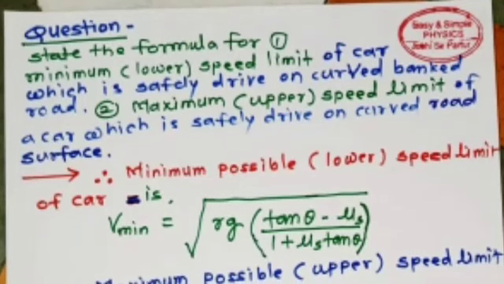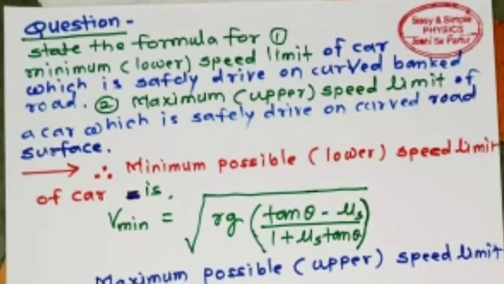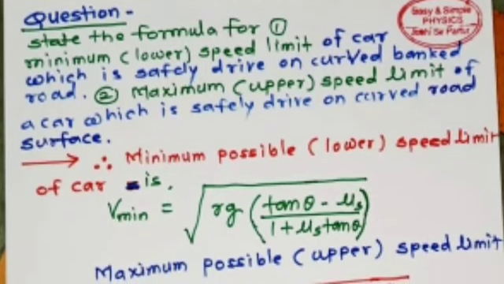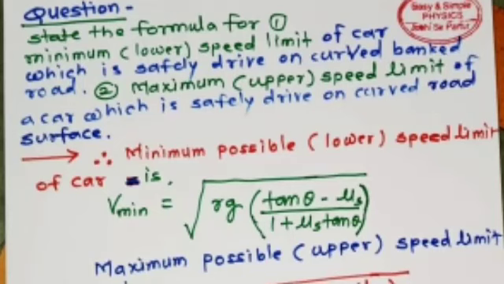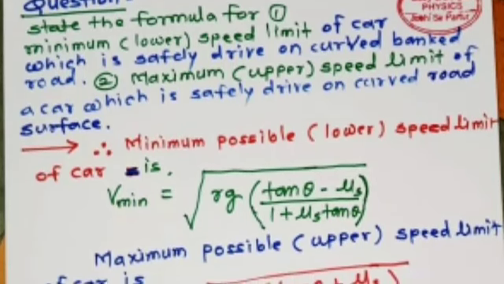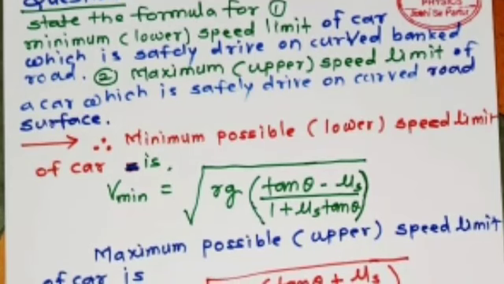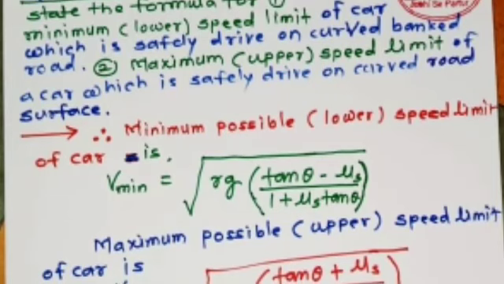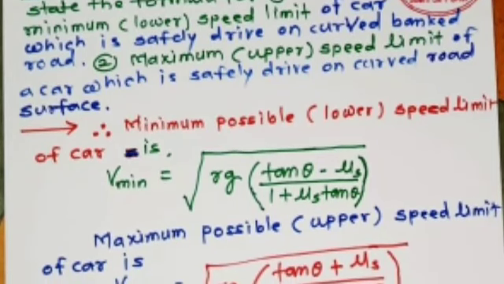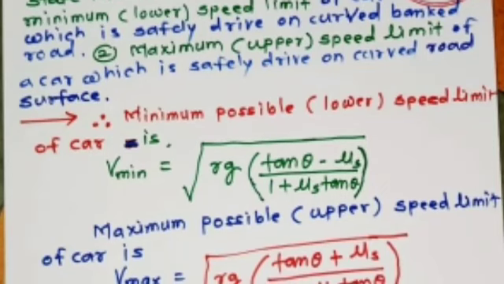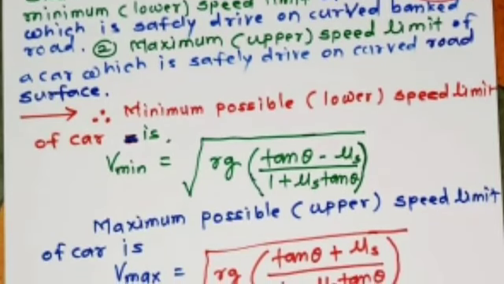Another question is seen. State the formula for number 1, minimum or lower speed limit of a car which is safely driven on a curved banked road, and number 2, maximum or upper speed limit of a car which is safely driven on a curved road surface.